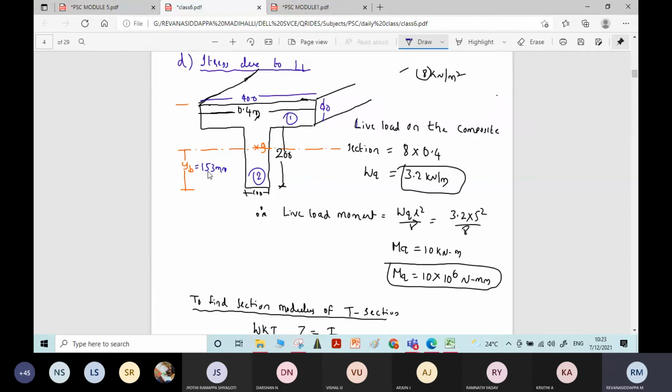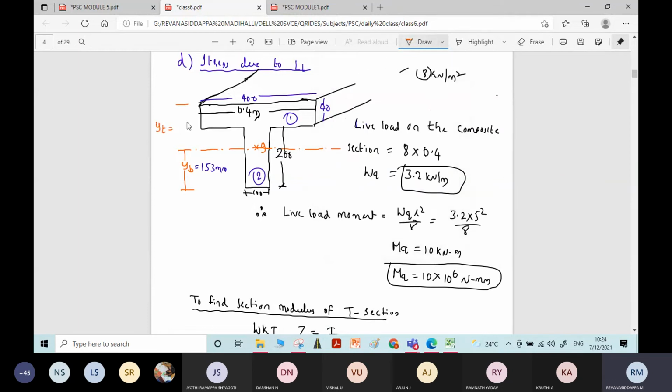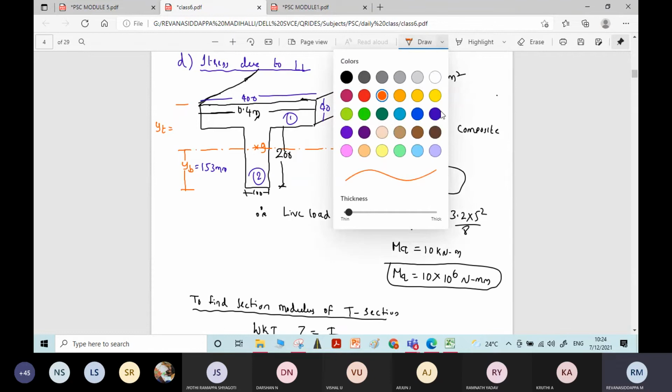Okay. And distance of centroid from top fiber, YT, will be equal to how much? Overall depth minus 153 you do. That is 200 plus 40, 240 minus 153, how much will you get? 87.